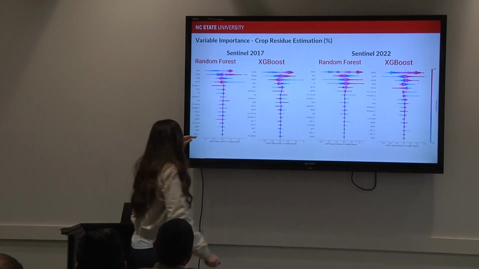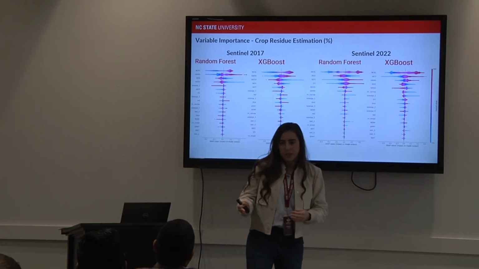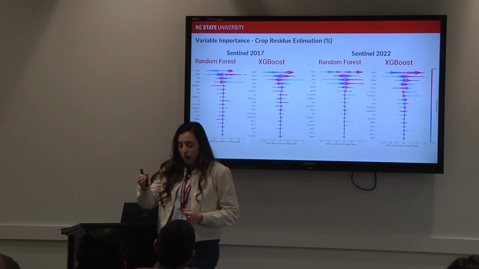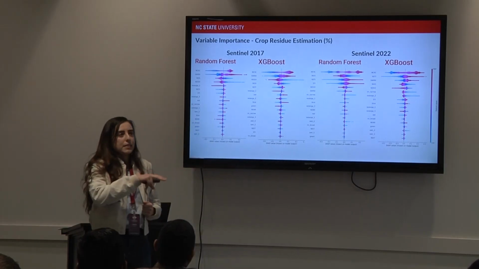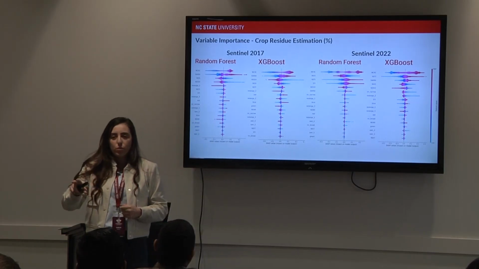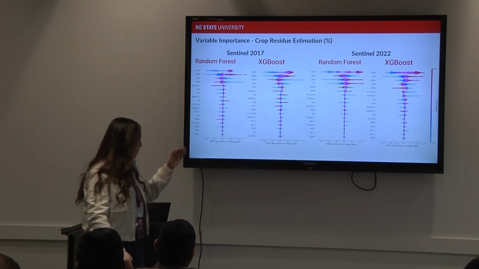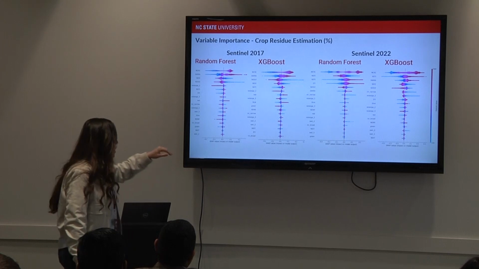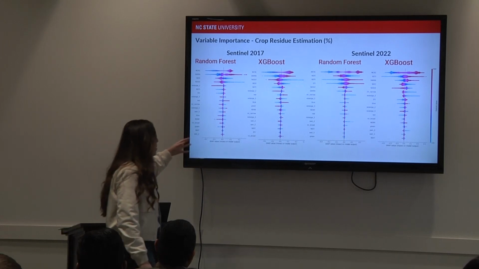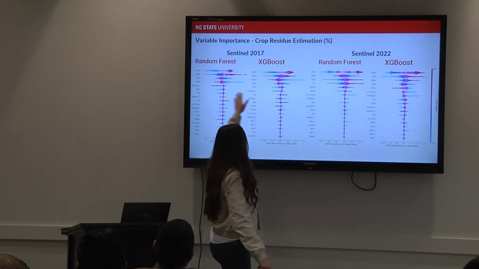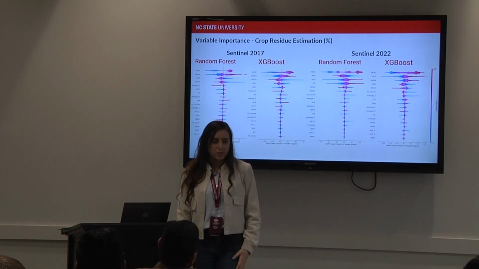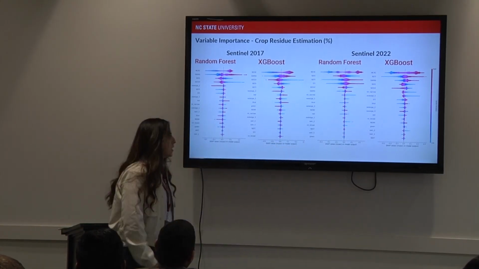We can see that MCRC, which is a vegetation index, is an indication of crop residue cover. It's a modified index for crop residue cover. It was the most important regardless of the year. In Sentinel, MCRC was the first most important variable for any condition.